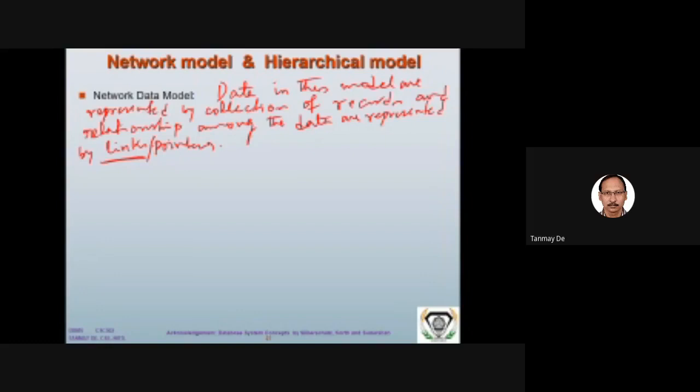For example, suppose this is the customer record.